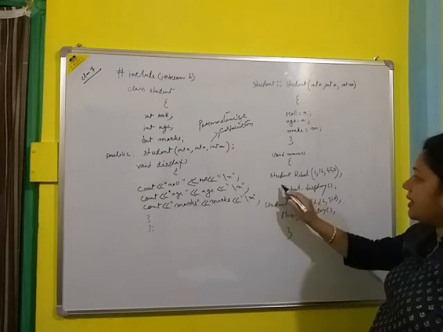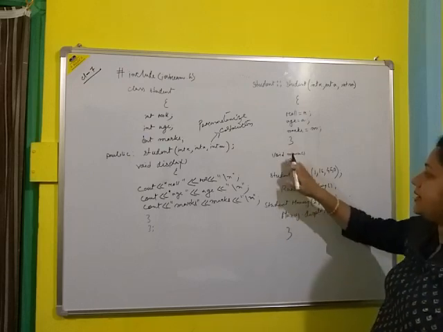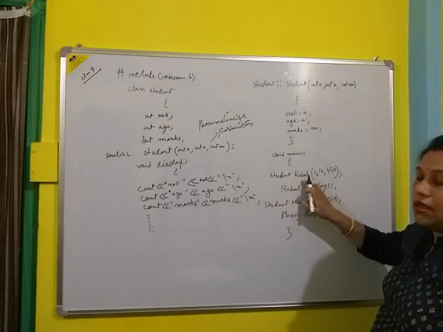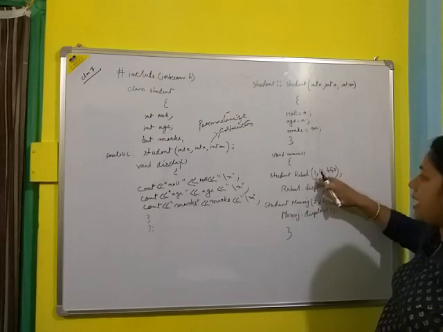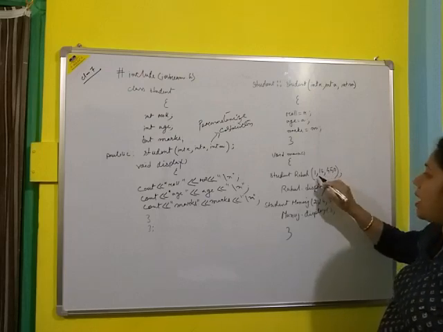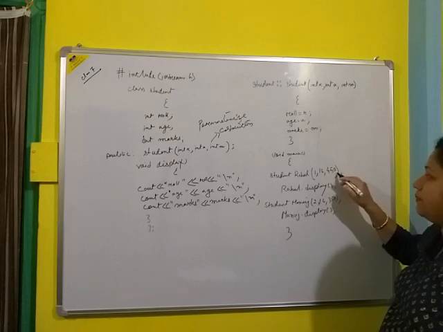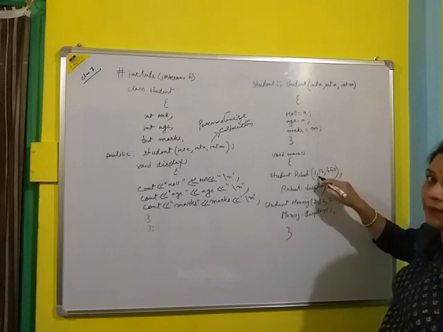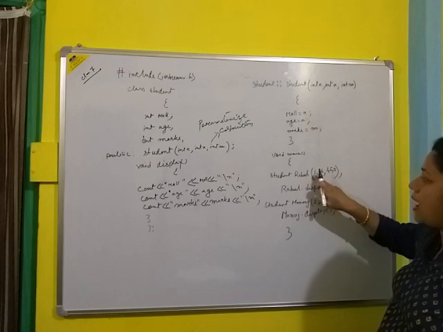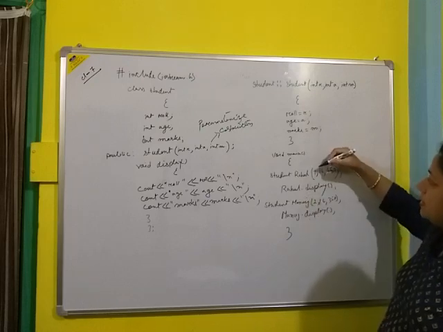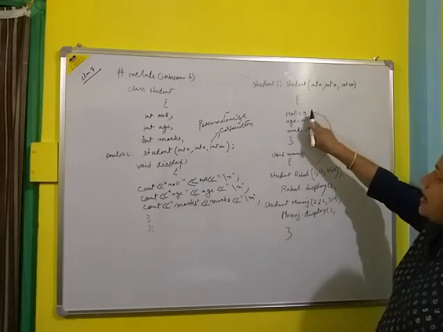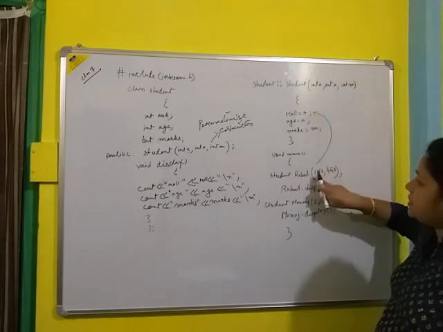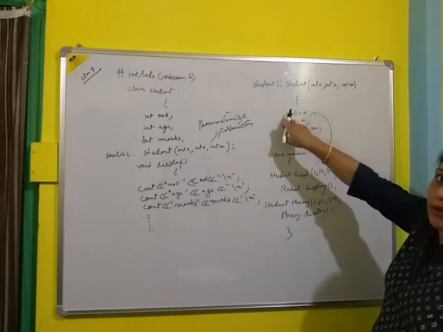So at the time of declaration of the object, I declare one object named Rahul, and I pass the appropriate arguments, that is 1, 16 and 450. 1 is the roll number. When you pass the 1 here, this value passes to the parameter r of the parameterized constructor, and r will assign this roll number 1 to the roll number.